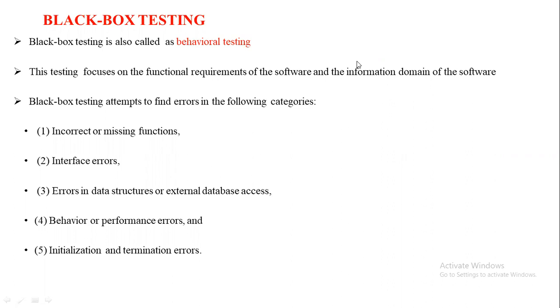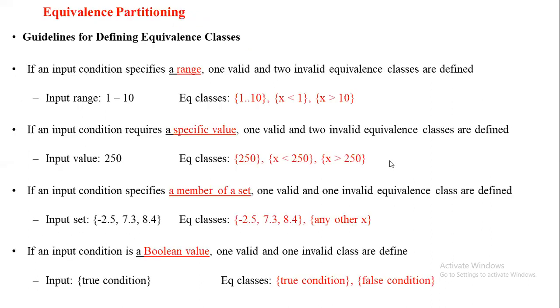This testing will help you identify errors in the following categories: either a missing function or an incorrect function, interface errors, errors with data structures, performance errors, and maybe initialization and termination errors. These are some of the errors which black box testing will help you identify.